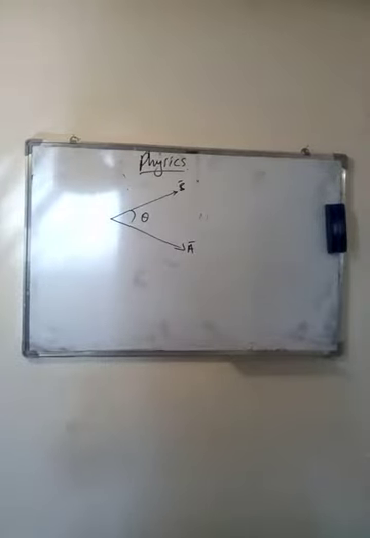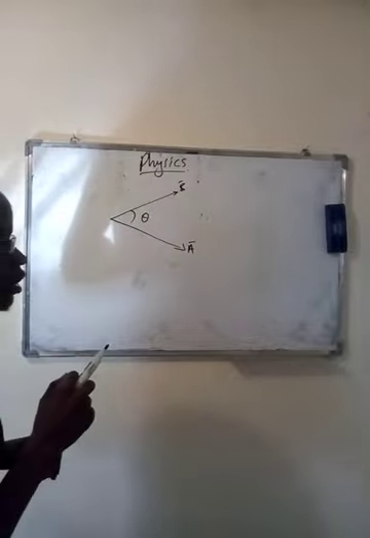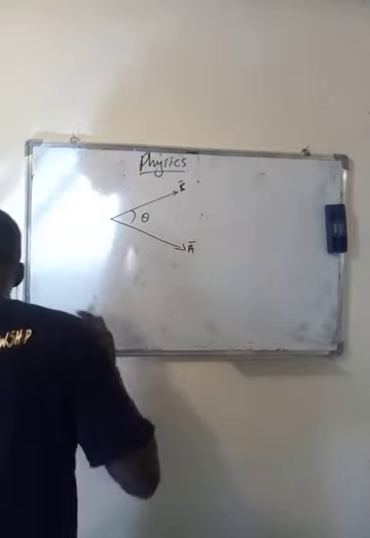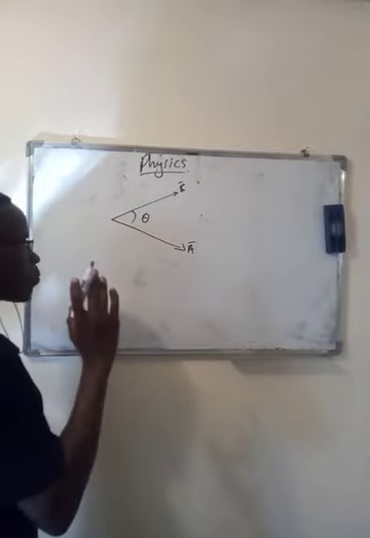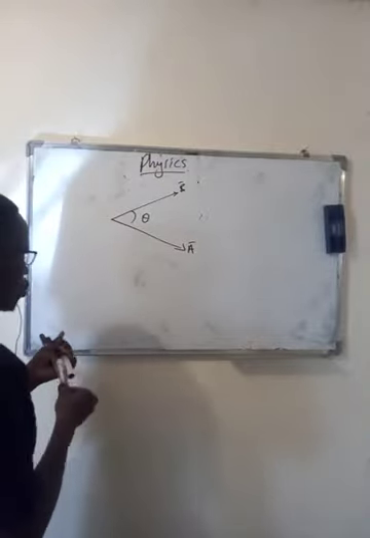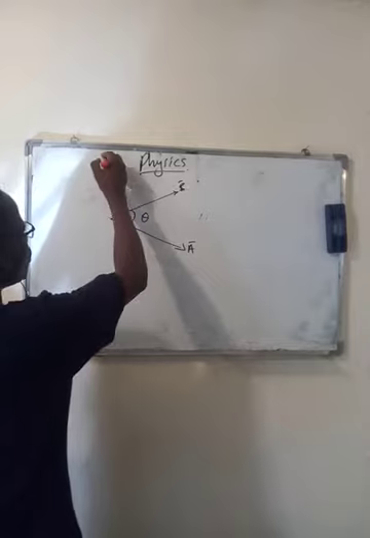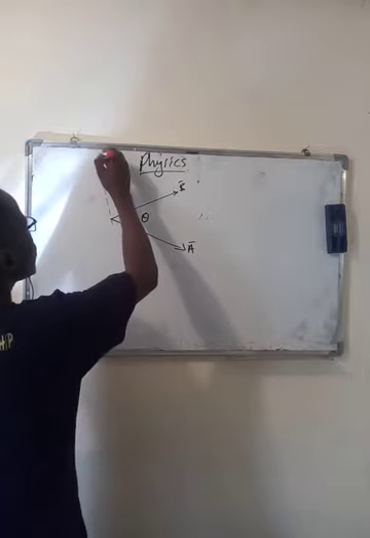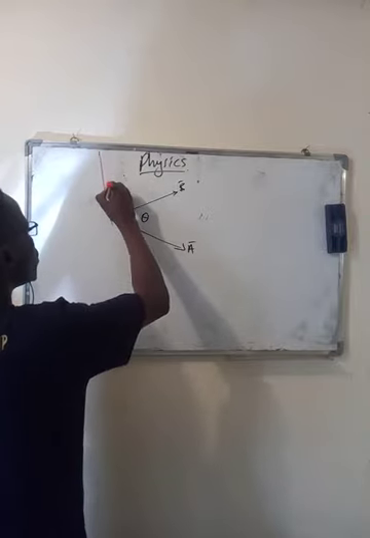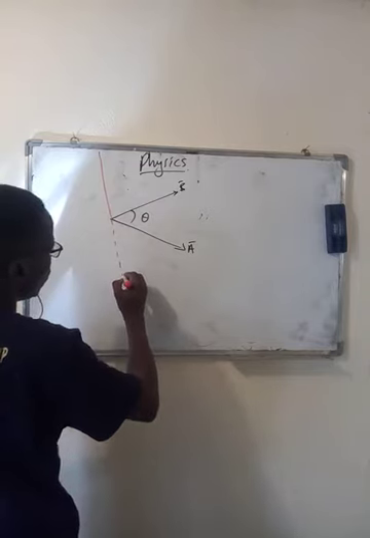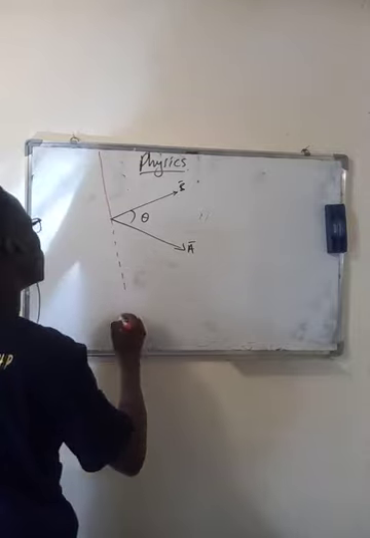The vector product of these two vectors A and B is another vector, C, perpendicular to both A and B. I'm going to draw it in red, such that it is perpendicular to both vector A and vector B. This side I'll draw in full, and this side in dotted.